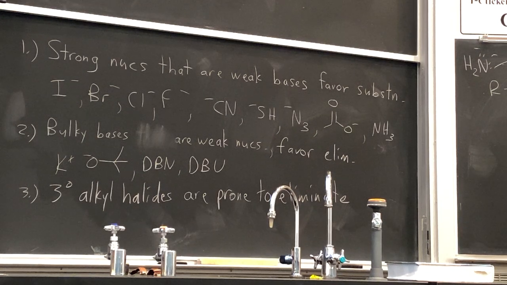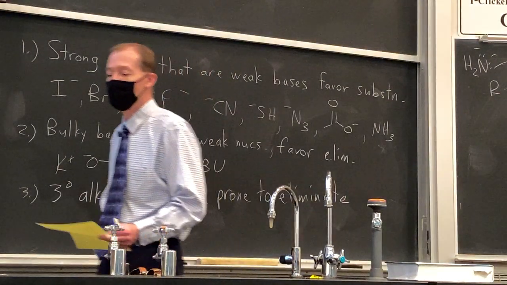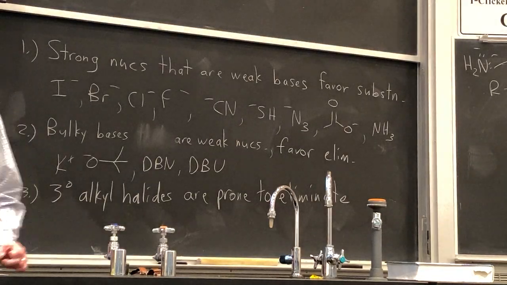And we know that SN1 is much slower than SN2, so the only possible substitution with tertiary alkyl halides is SN1, but SN1 comes along with E1. So if you have a tertiary alkyl halide, you know you're going to have elimination. You're either going to have a clean E2 reaction, or if you're using something that is a weak base, you're going to have a mixture of E1 and SN1. So these three generalizations can help us predict the outcomes of reactions.